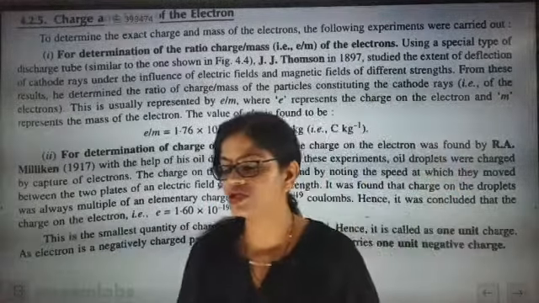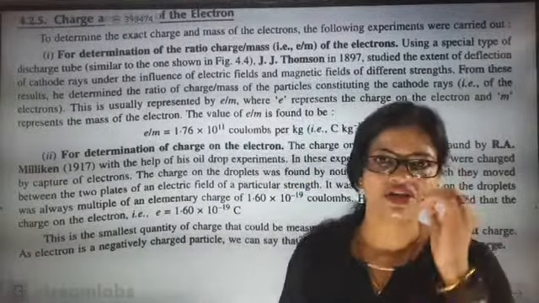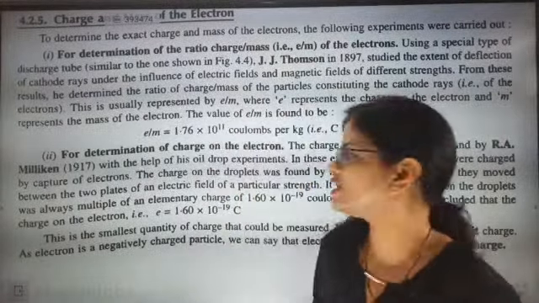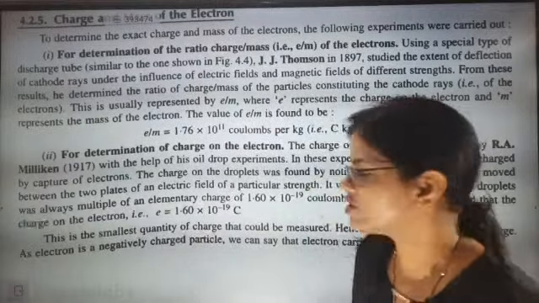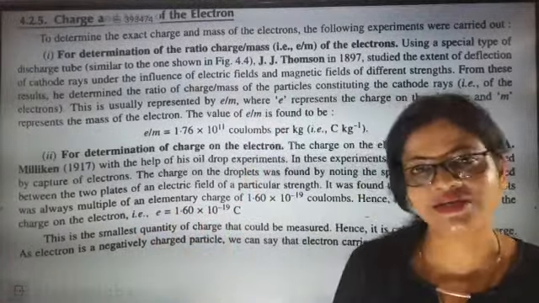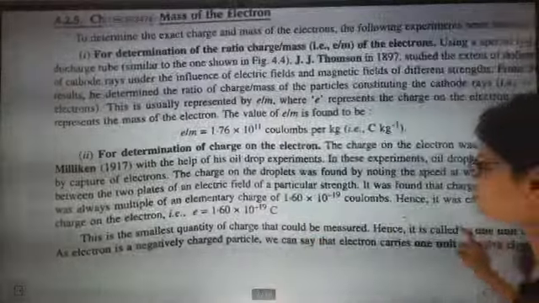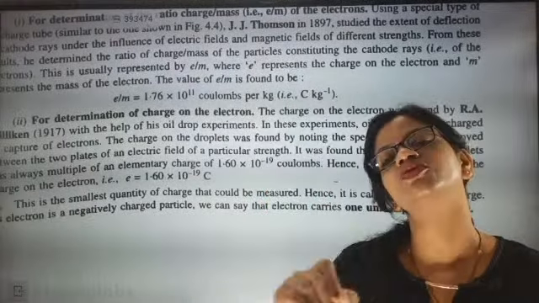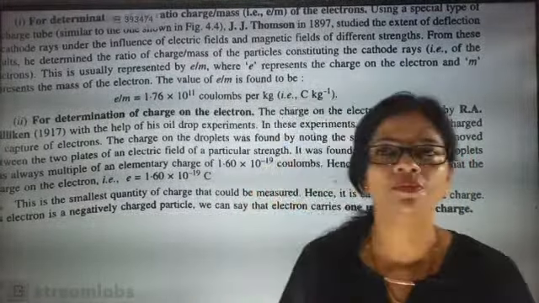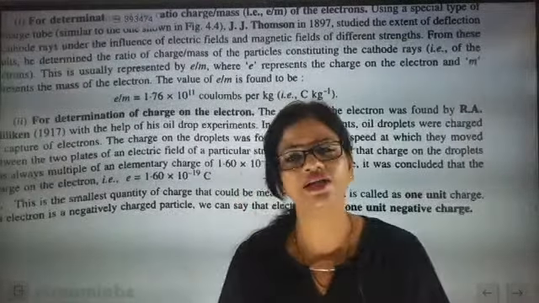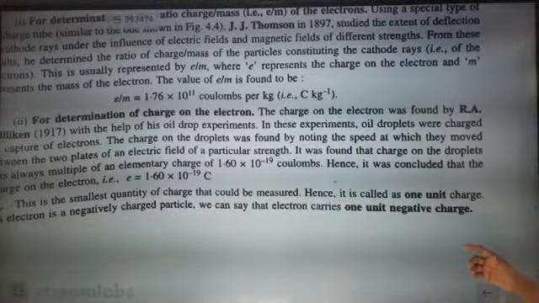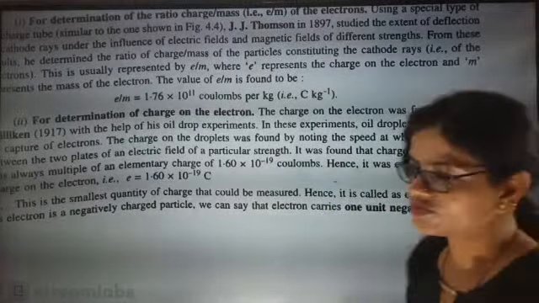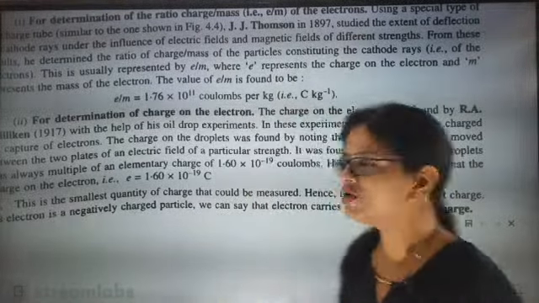I hope you understood this point. What is 1 unit electric charge? 1 unit charge is 1.6 × 10^-19 coulomb, and we already know electrons are negatively charged particles, so we can say that the electron carries 1 unit negative charge.